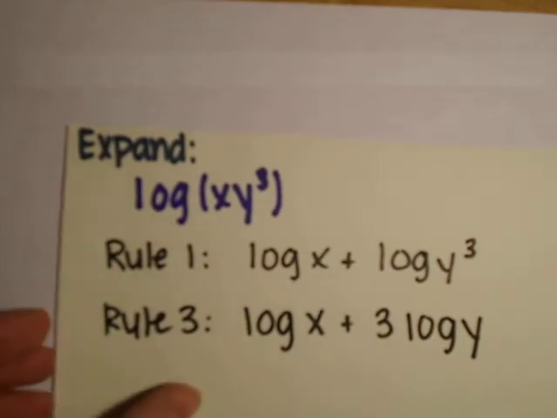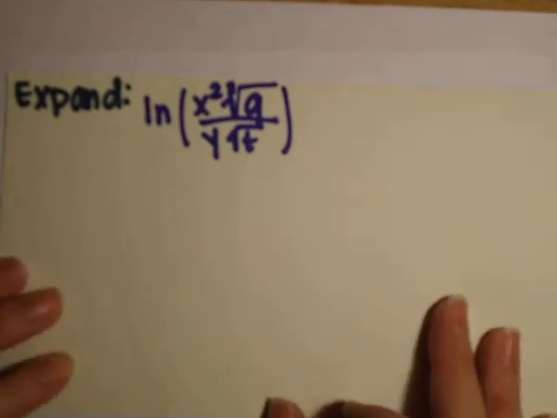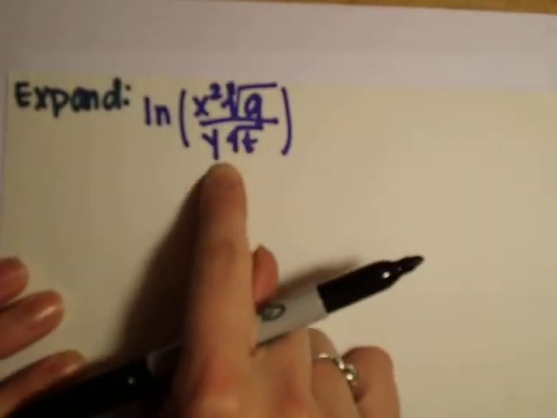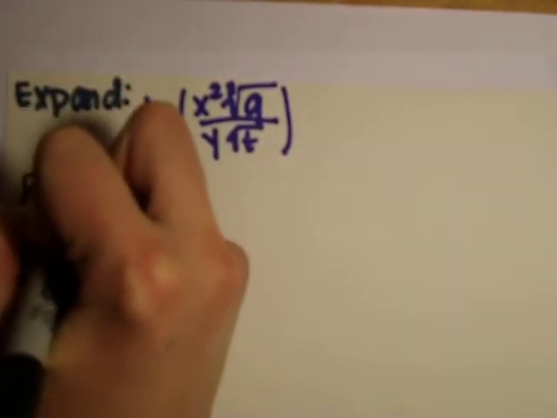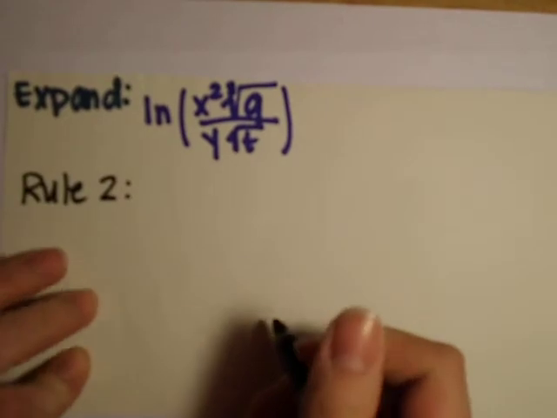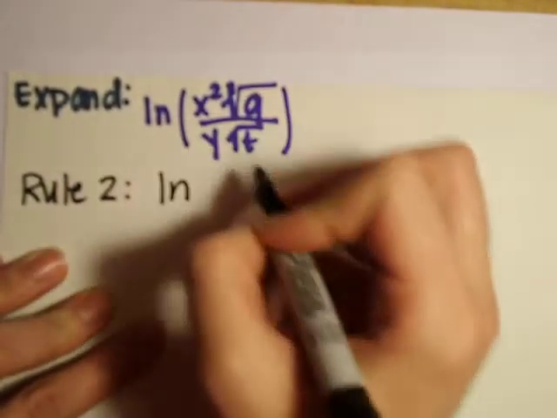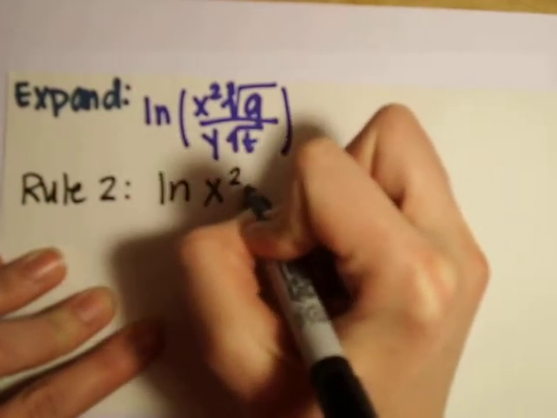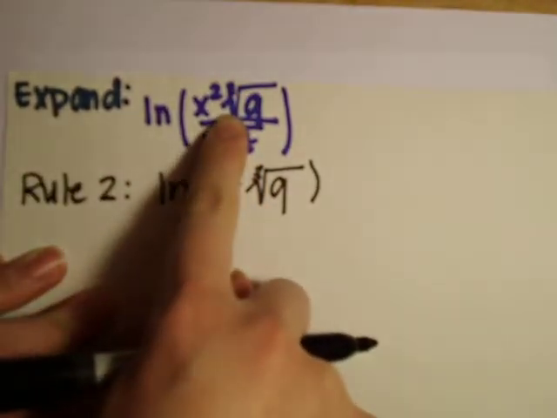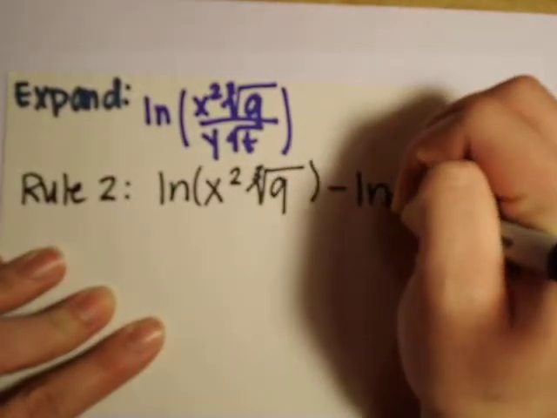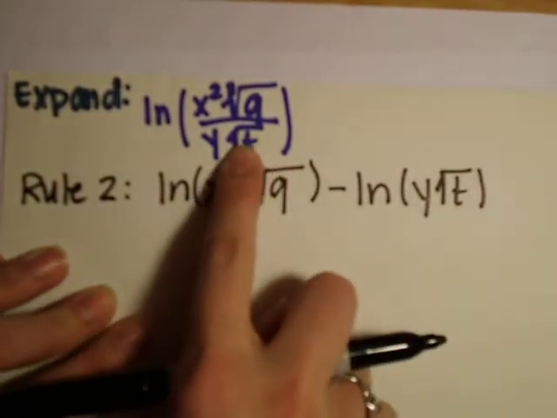Let's try another one. This one, you see we have a fraction inside of our logarithm, so we're going to use rule 2 first. This is our quotient rule. We'll have natural log of x squared, the cube root of q, which is our numerator, minus the natural log of y square root of t, which is our denominator.